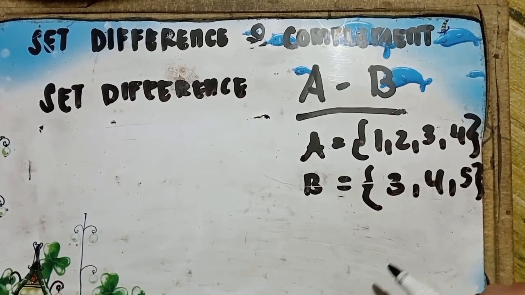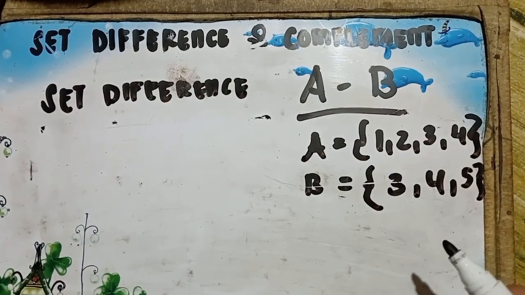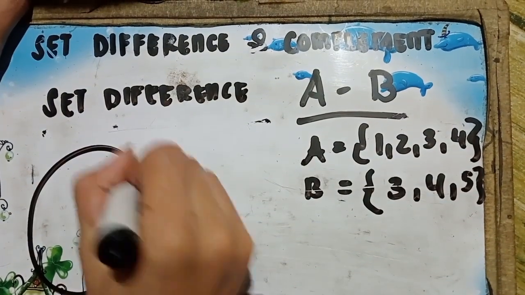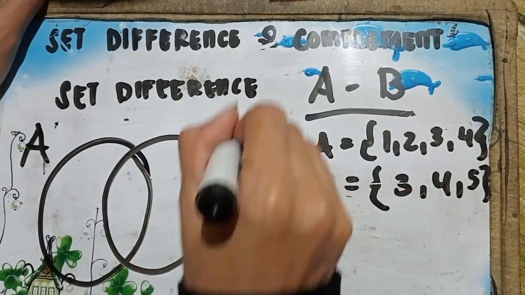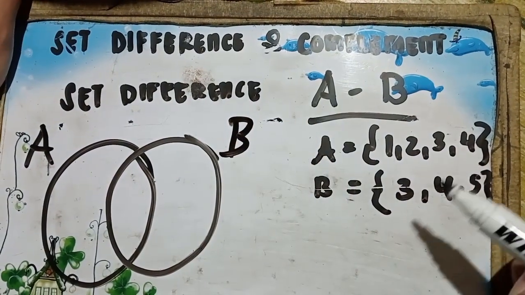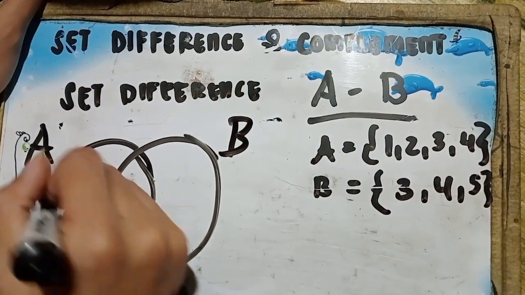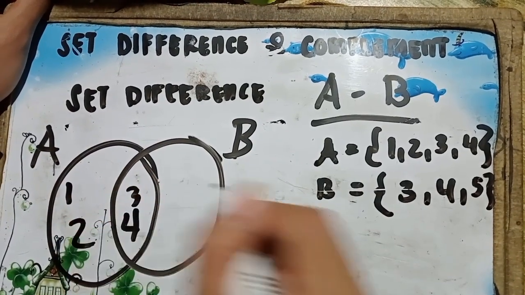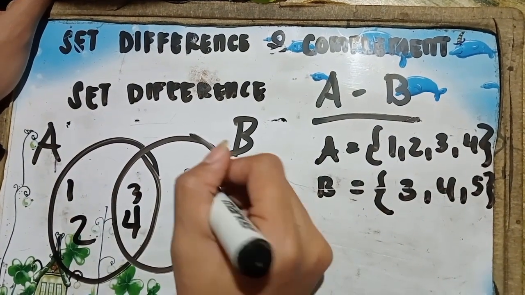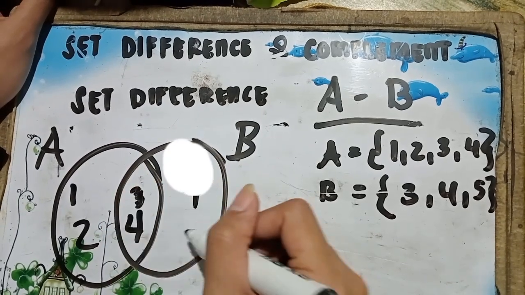Before we answer, let's make a Venn diagram first. So this is our set A and set B. As I said, our set A is 1, 2, 3, and 4, and our set B is 3, 4, 5.